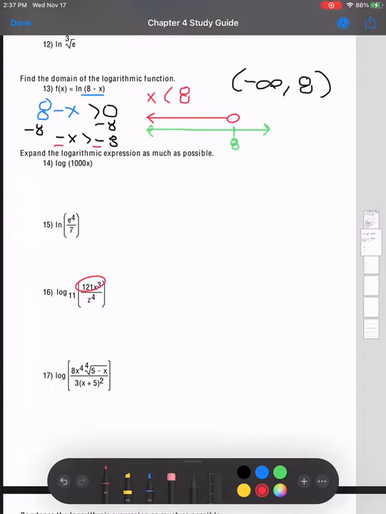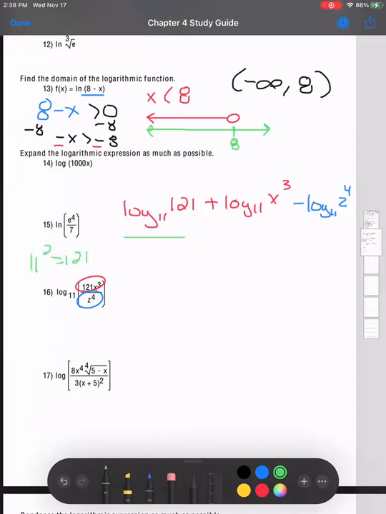So you can rewrite that part as log 11 of 121 plus log 11 of x to the power of 3. And then because that is being divided by this z to the power of 4, that would be a minus log 11 of z to the 4. And then from there, you can simplify the log 11 of 121 because you know that 11 to the power of 2 equals 121.